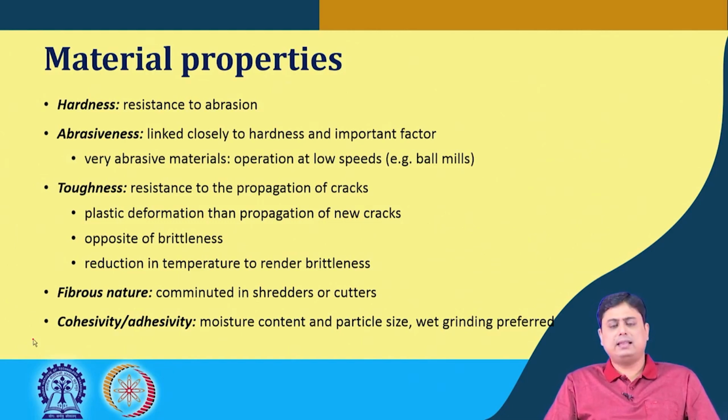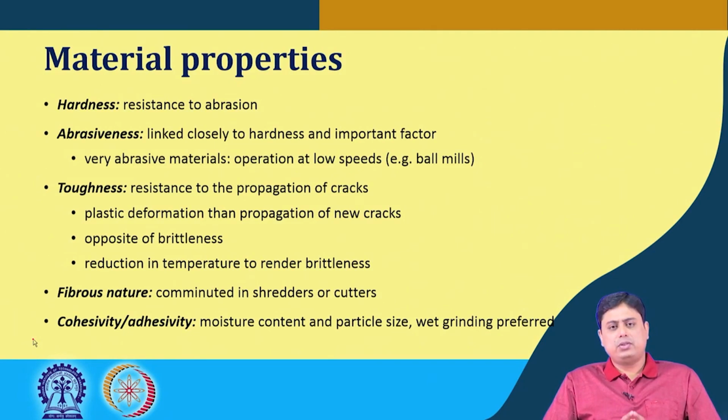Now, toughness is another important material property. It is the resistance a material provides to crack formation or propagation. The tougher the material, similar to hardness, the more difficult it becomes to break, and toughness is the opposite of brittleness.